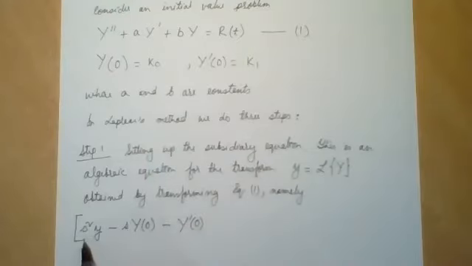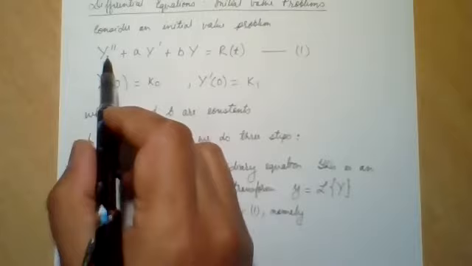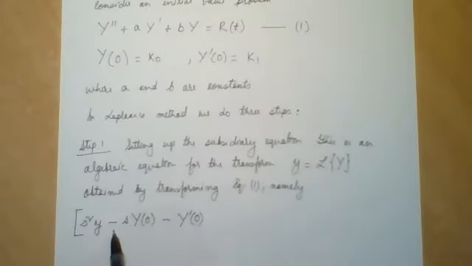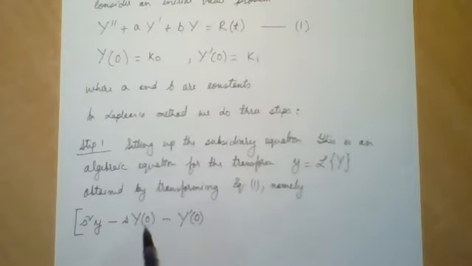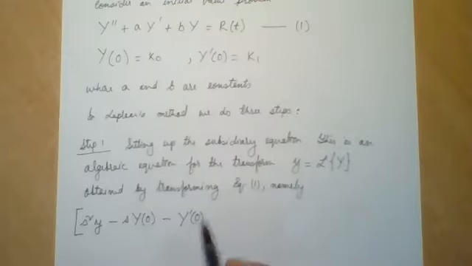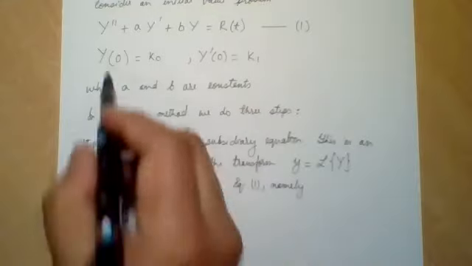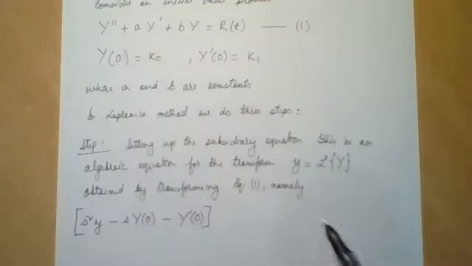I repeat, the Laplace transform of y double prime is s square y minus s times Y at t equal to 0 minus y prime at t equal to 0.